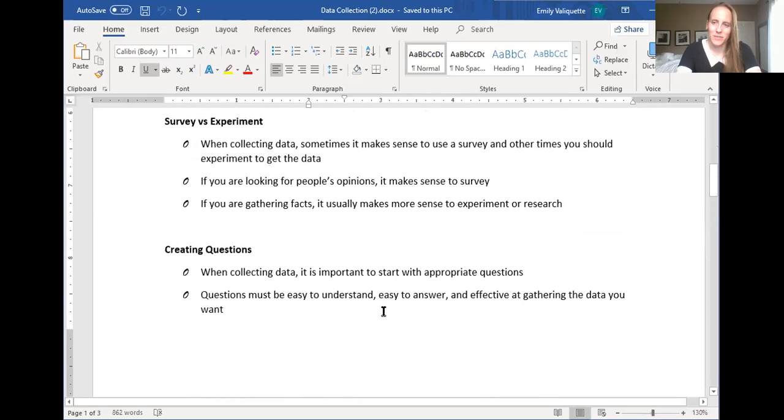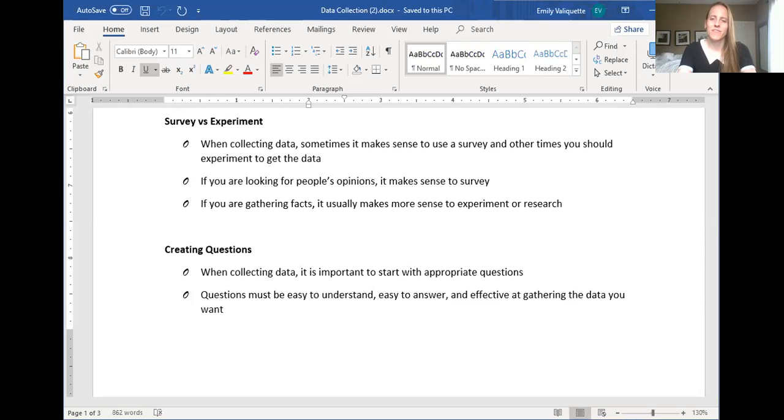Then you also have to identify, is the data you're collecting part of a survey or part of an experiment? So if you're collecting data on something that is people's opinions, then that's going to be a survey. So if you're saying, what's your favorite color, what's your favorite sport, or that sort of thing, all opinion-based, it's a survey.